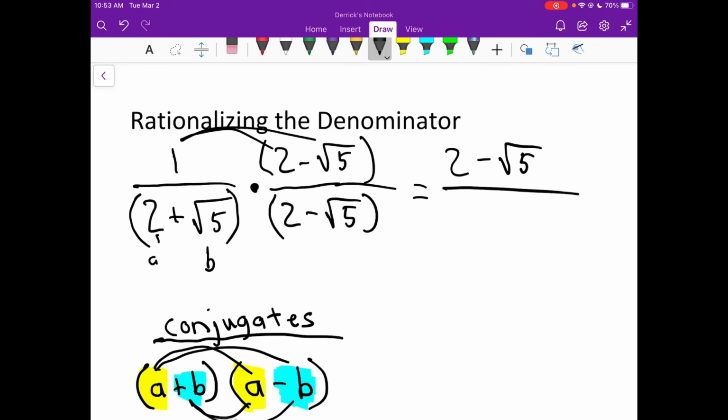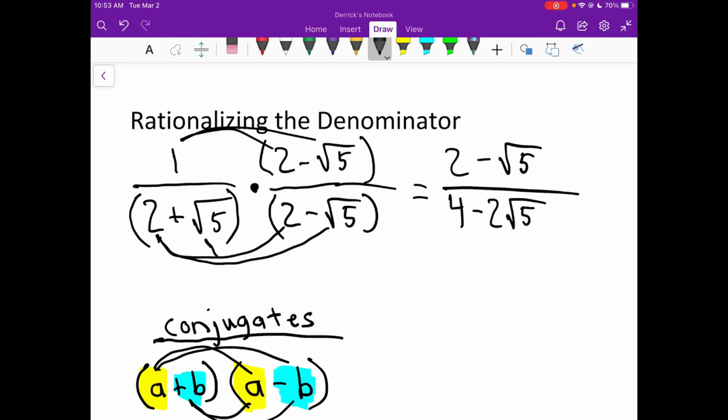Foiling out here, I'm going to erase the a and the b to get out of the way. Foiling out here, 2 times 2 is 4. 2 times the negative square root of 5 would simply be negative 2 square root of 5.